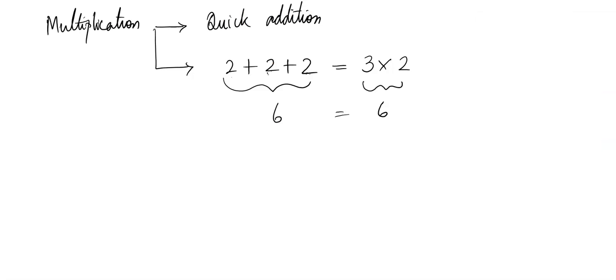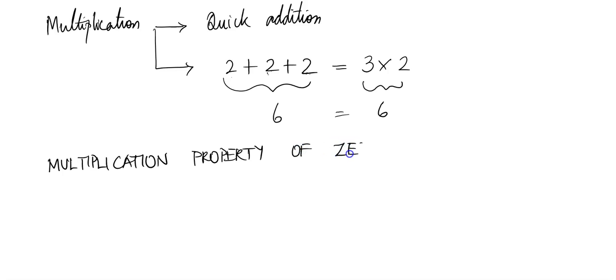Now remember, we said multiplication is quick addition. Therefore, the properties that relate to addition also relate to multiplication. So we have the multiplication property of 0. Now notice how we spoke about the identity property, because the identity was preserved, and that was for addition.